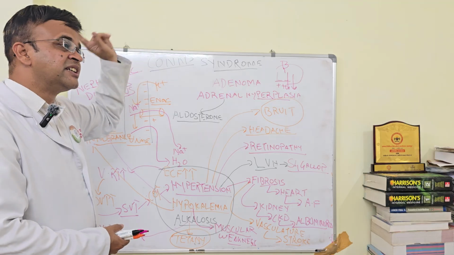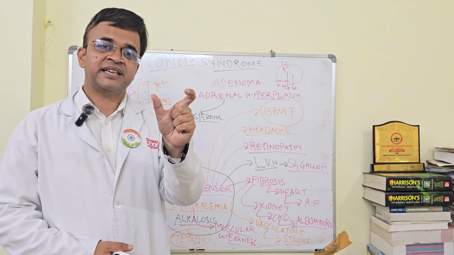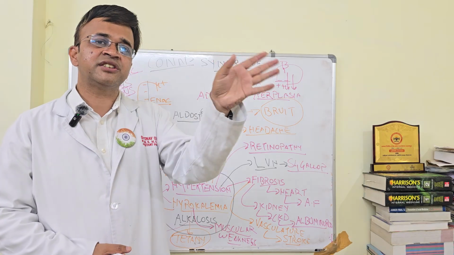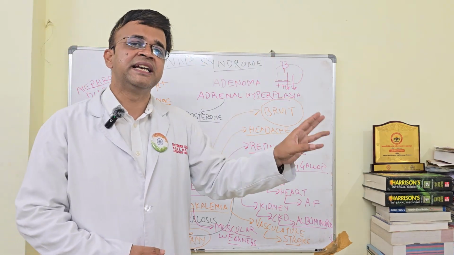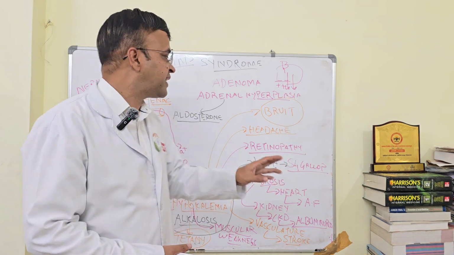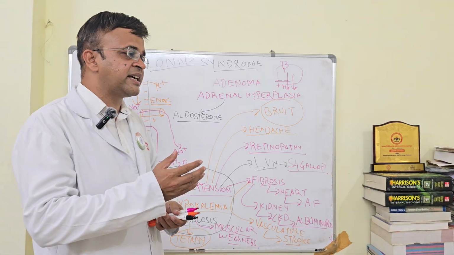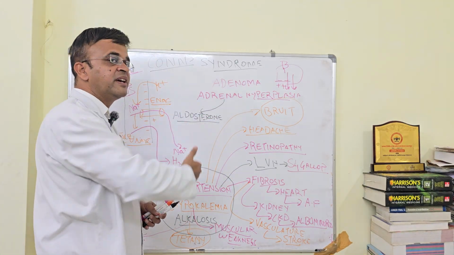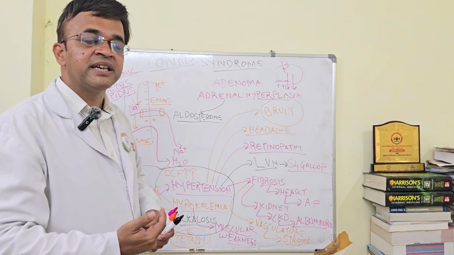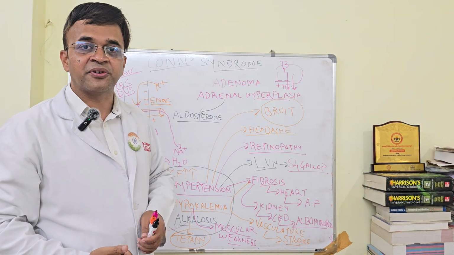In Liddle syndrome, the ENaC channels themselves are defective, so any drug which changes the quantity of aldosterone won't show improvement. So if you give a drug like captopril, it will be quite effective in Conn's syndrome, but not in Liddle syndrome.